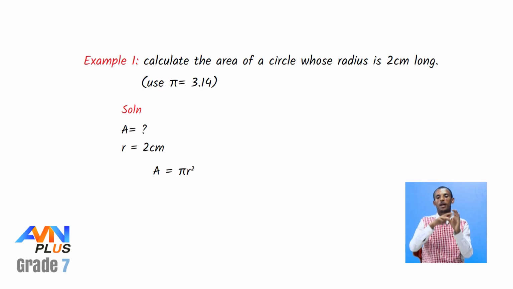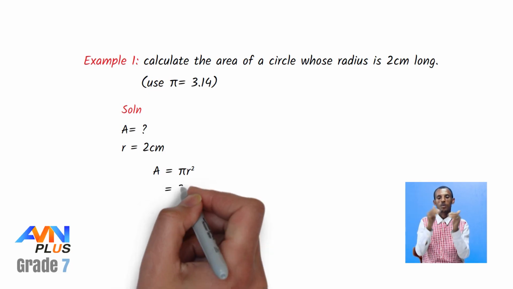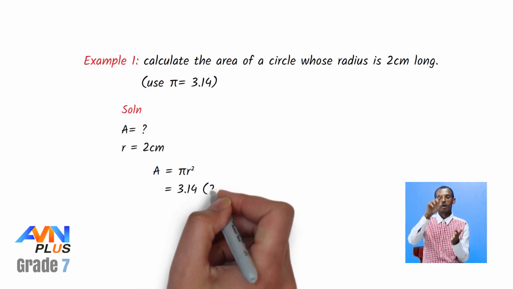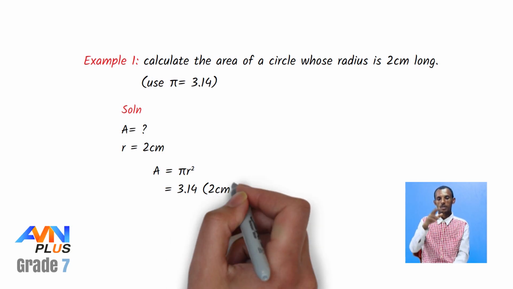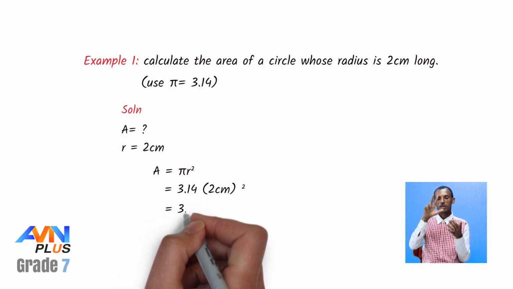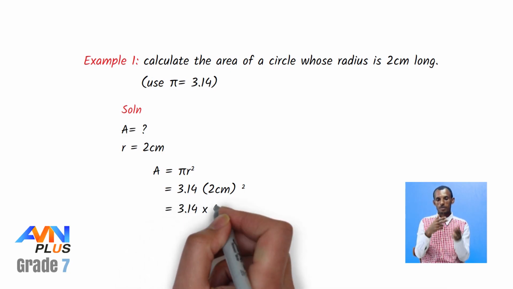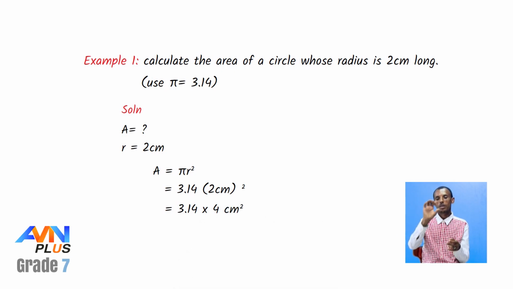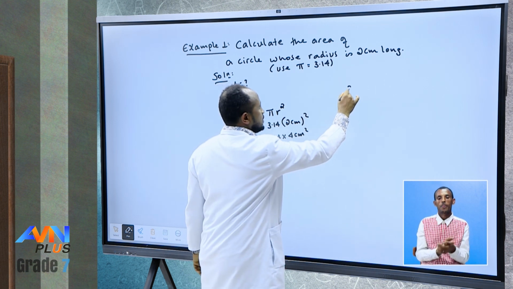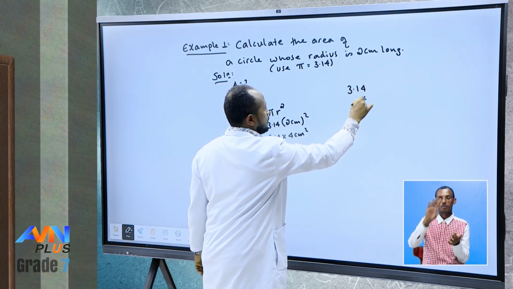So this is equal to, we can use pi 3.14 times the radius, 2 centimeter, squared. Therefore, here you have 3.14 times, squaring this, 4 centimeter squared. So let's multiply these two, 3.14 by 4.